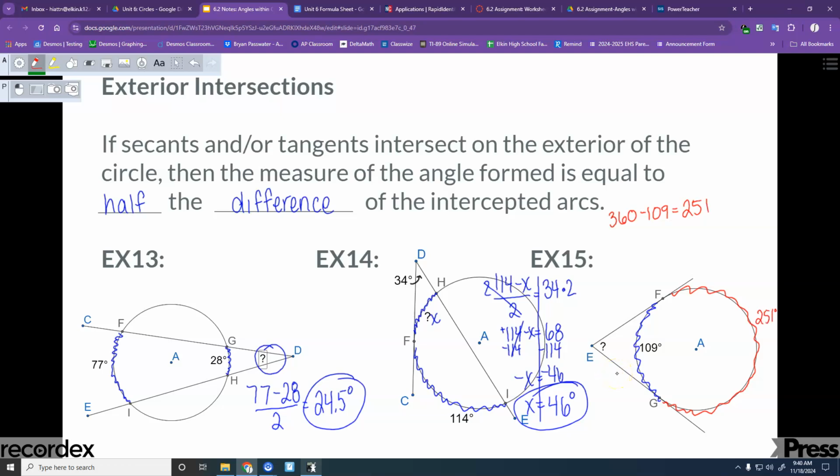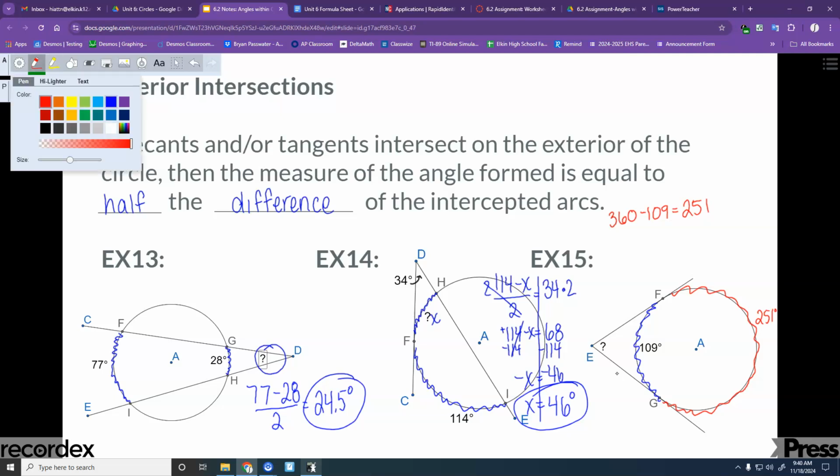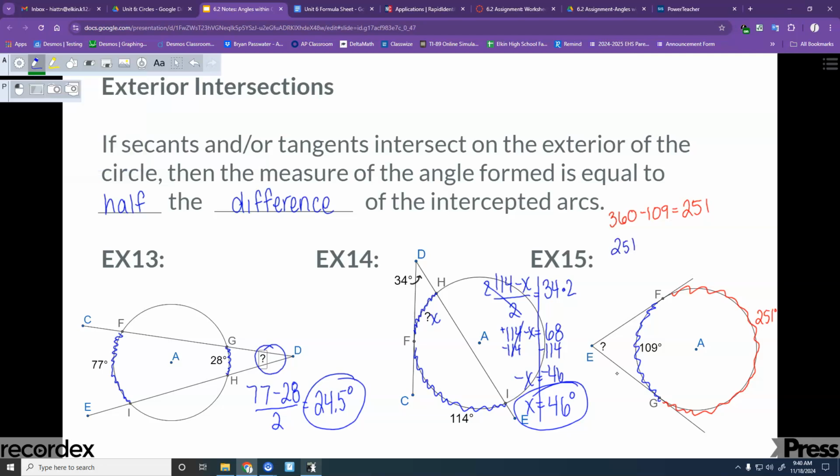So now we've got the big arc and the small arc. So we can just use that formula like we did on the first one, and we can do 251 minus 109 divided by 2. And so 251 minus 109 is going to give me 142. And I'm going to divide that by 2 and get 71. Does that look right?